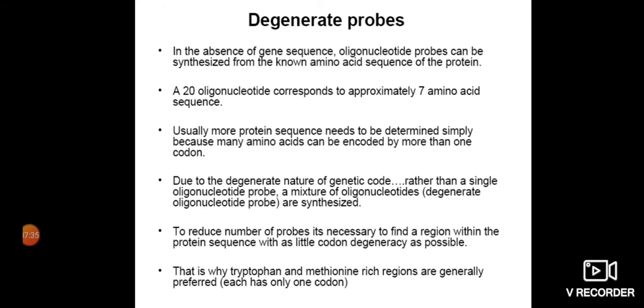Next, about the probes, degenerate probes. In the absence of a known gene sequence, people go for degenerate probes, where oligonucleotides are synthesized and used as a probe, which I already spoke to you about, how they are created and used.